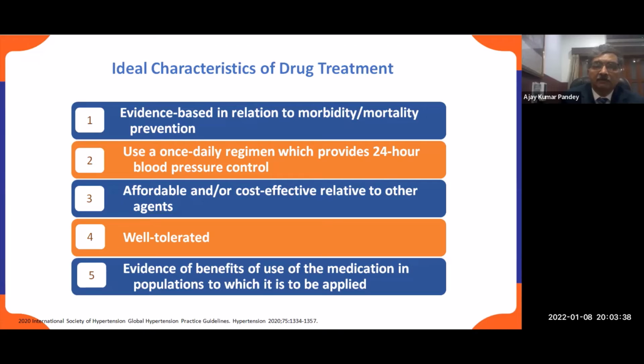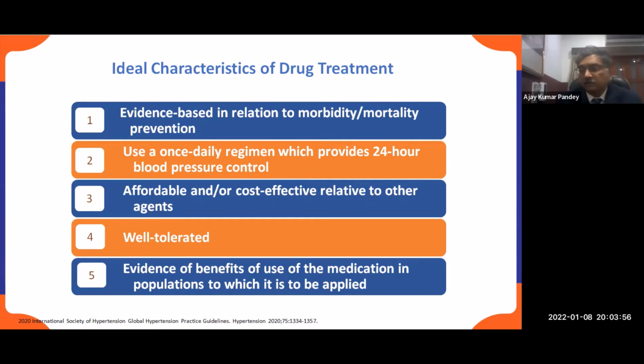And what is the timing for antihypertensive medicine? A lot of research has been done, and it is said that evening time blood pressure medicines are good, because the early morning BP surge will be controlled by evening blood pressure medications. It should always be affordable, cost effective, and well tolerated.